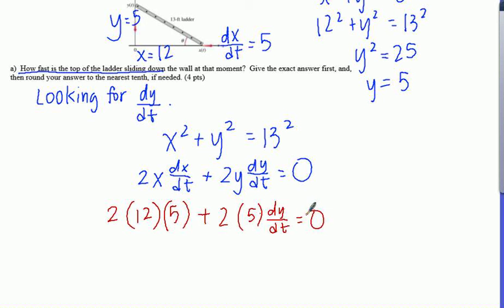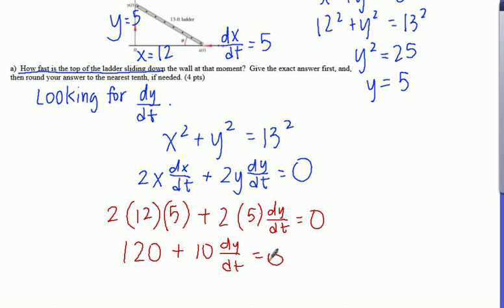Now we're going to solve for this. 2 times 12 is 24, times 5 is 120. 5 times 12 is 60, times 2 is 120, plus 10 dy/dt equals 0.